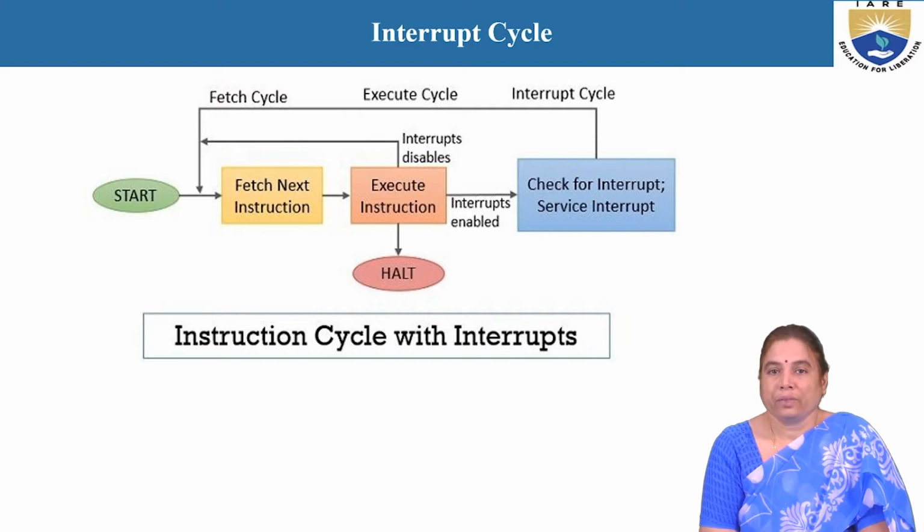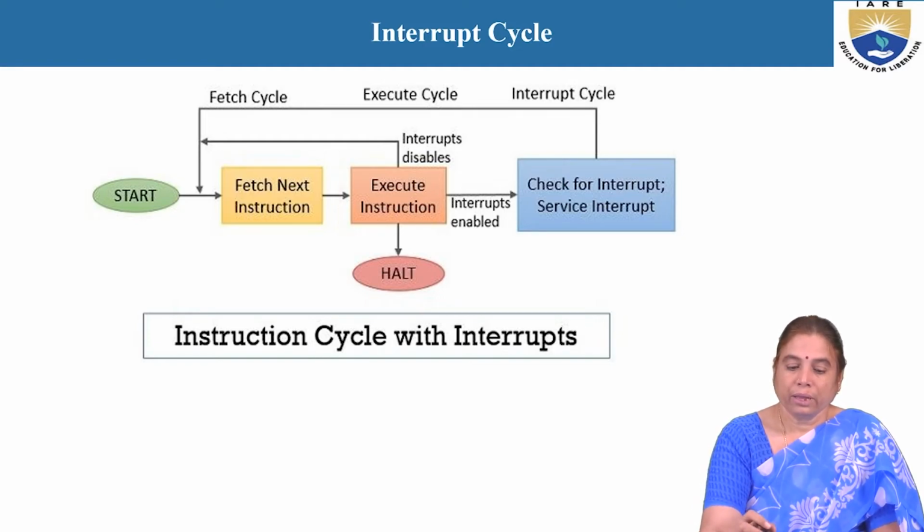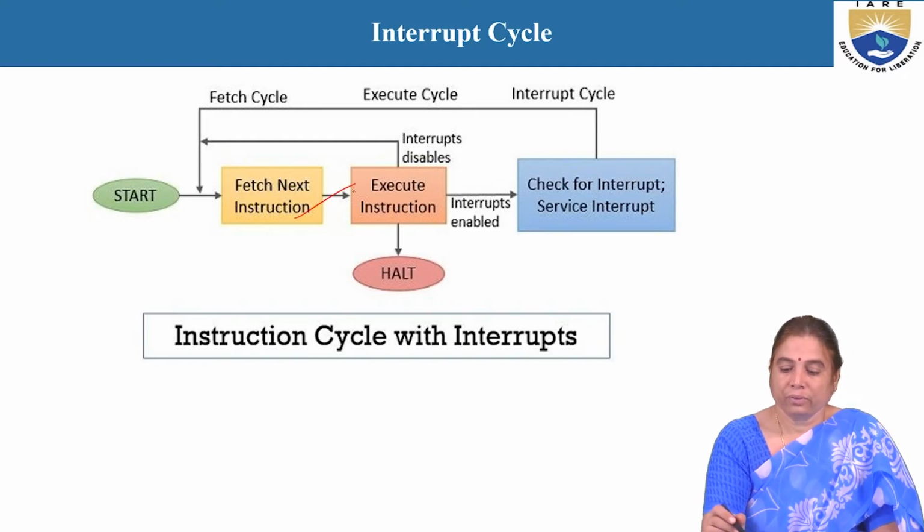What is the interrupt cycle? A program or instruction is executed using the instruction cycle steps. After completion of the instruction cycle, the CPU checks whether any interrupt is enabled or not. If it is enabled, it moves to that interrupt and services it with the help of the interrupt service routine. So start, fetch the next instruction, and execute the instruction; that is the instruction cycle.